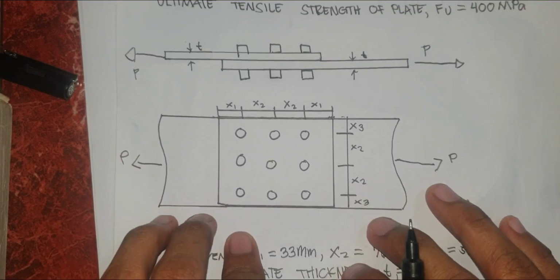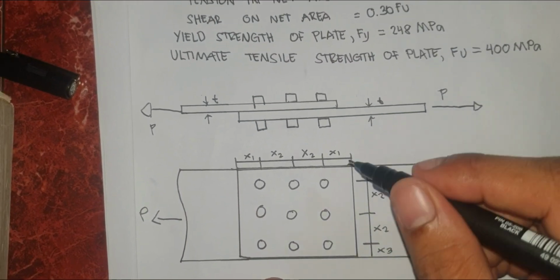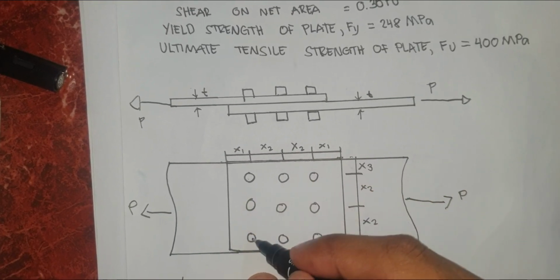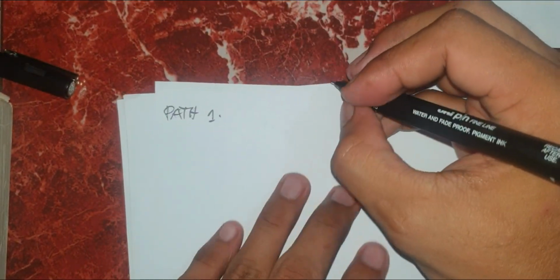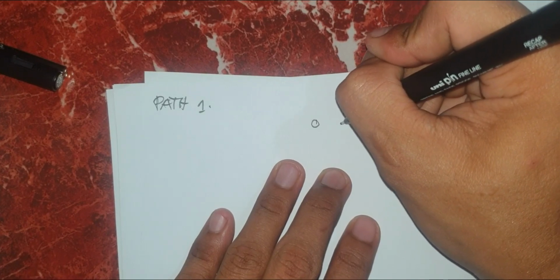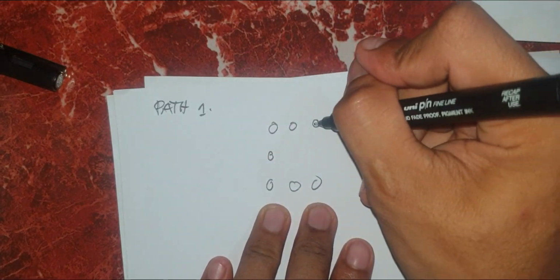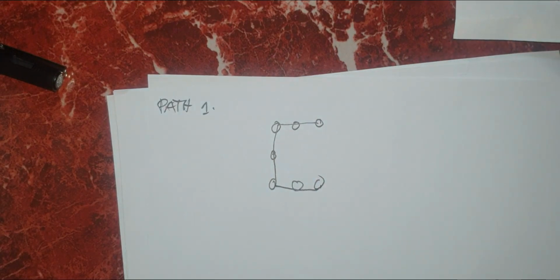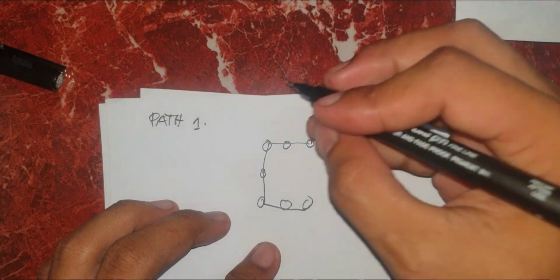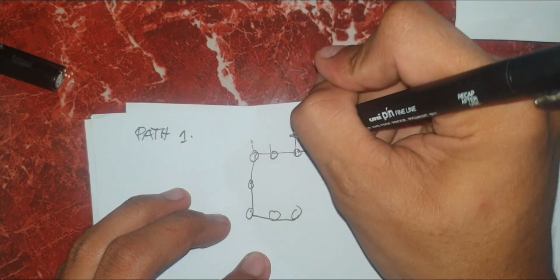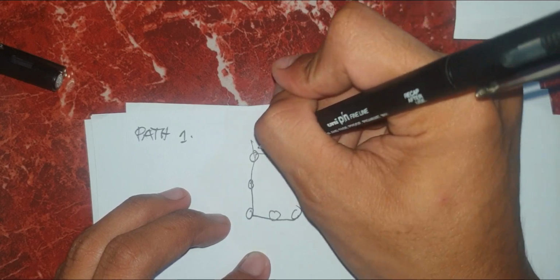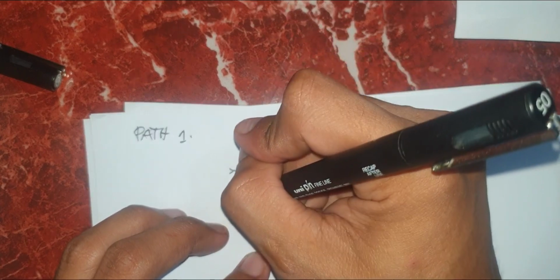So first we need to locate the path. Our path 1 is from here to there. Going through path 1 is from here, and then that is our path 1, and this is except 1, except 2, then here except 2, sub 2.